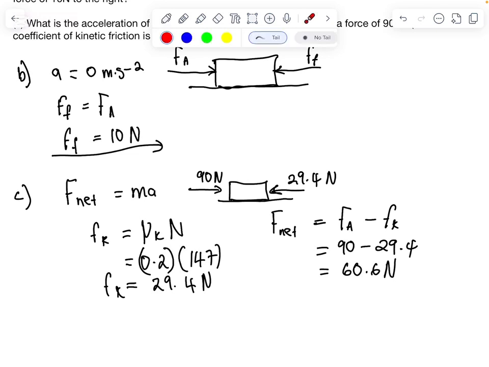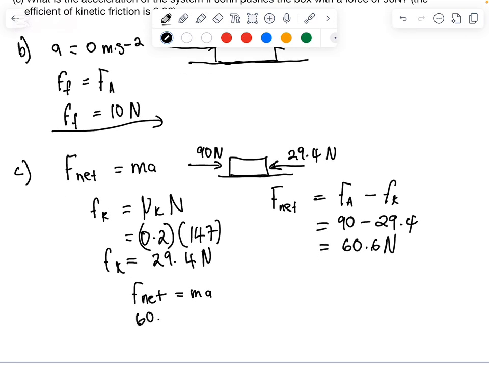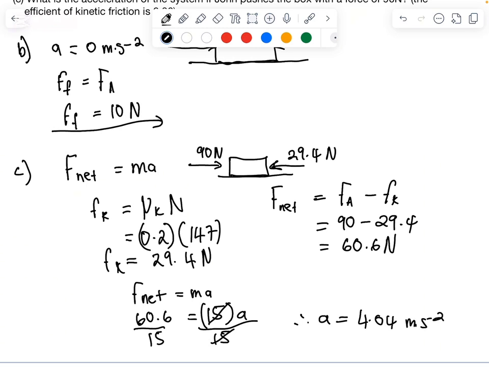Then I'm going to take this F net that I got here and substitute it into my equation. So F net equals ma, and then my F net is 60.6 equal to the mass, which is 15 kg, times acceleration, which we don't know. Divide by 15 both sides. 15 cancels with 15, and therefore acceleration is 60.6 divided by 15, that is 4.04 meters per second squared.